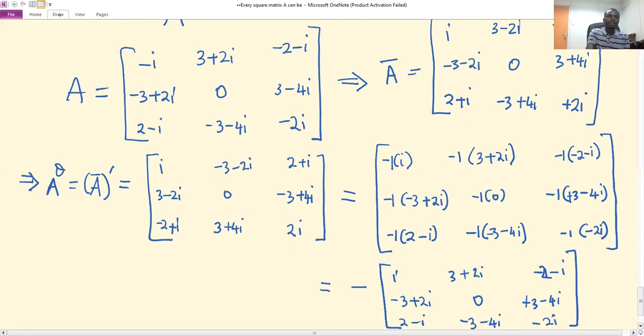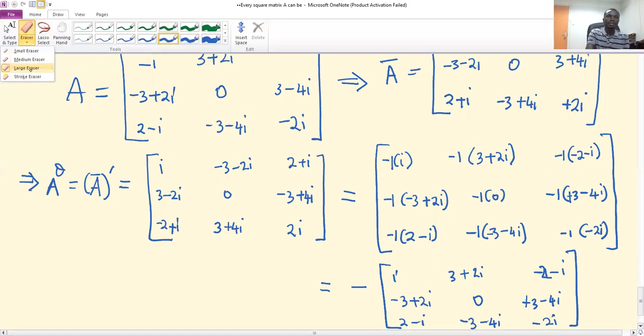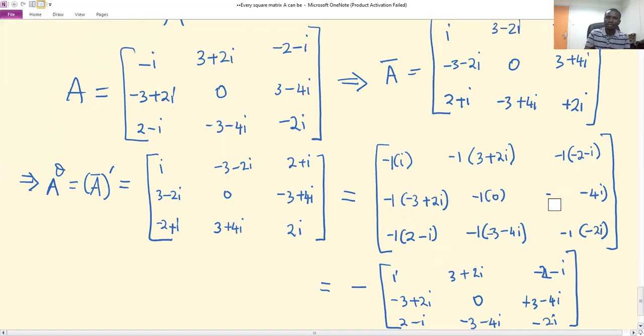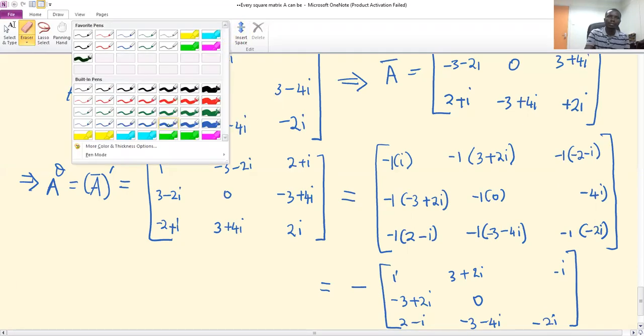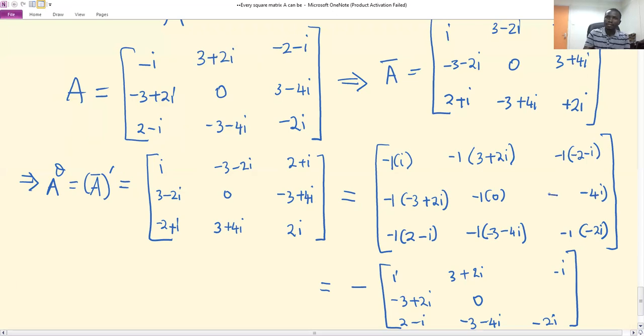And you see, let's write this one properly. So this is 3, this was negative 1 into 3, then minus 4i. So here I have negative minus 2, and then here I have 3 minus 4i.